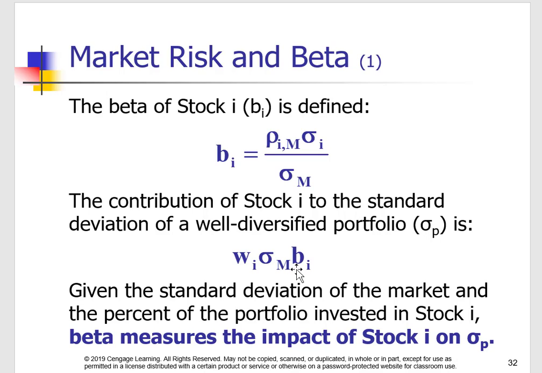So if we use this formula, and I've done this calculation down below, if you invested half of your money in Blandy, what's the contribution to the portfolio? Contribution, as we see down below here, is roughly 15.1%. What is the standard deviation of Gourmage, or what is the contribution of Gourmage?